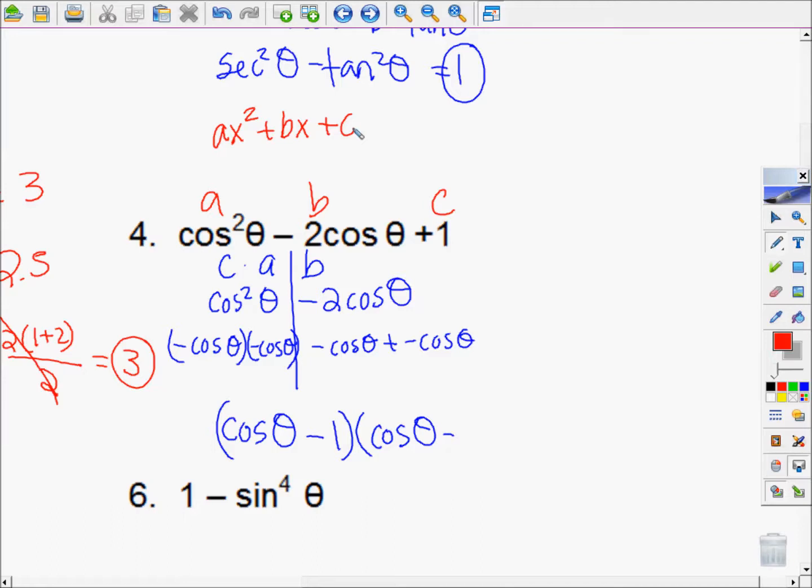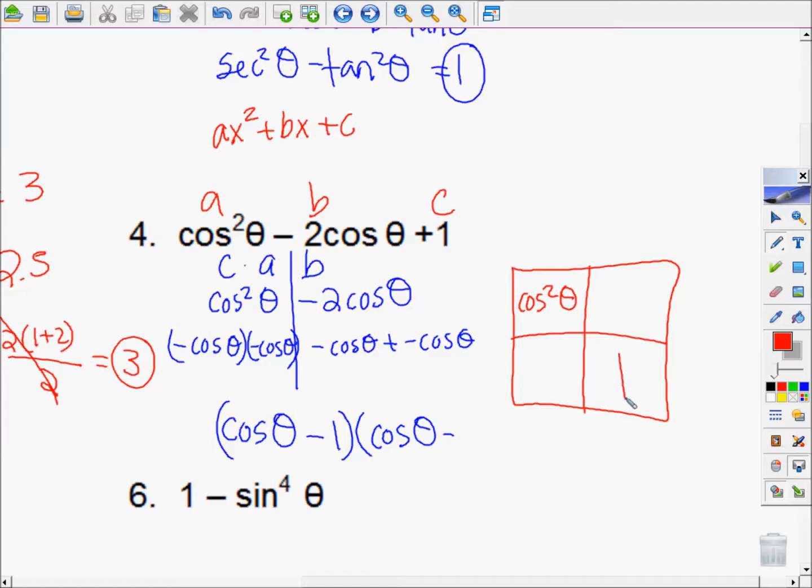So when you have CAB, you come up with the magical numbers that fill inside the box. Your first term is always what's already there. Your second term is your last one. And then your middle terms are your magical numbers you come up with: negative cosine theta and negative cosine theta. Okay, so from this, you're now using greatest common factor rules. What's the greatest common factor between these two?